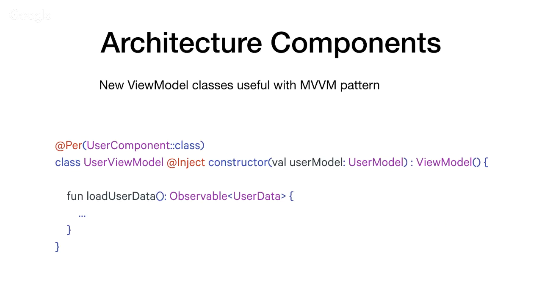But instead of using a presenter, we're going to make a viewModel and extend that viewModel class. The parameter I've supplied to this class is nothing special. It's just a class that I would have generated of managing a user or something like that. Just showing you an example of receiving a parameter into your user model. And then it exposes some accessor to data that can be watched from the view.